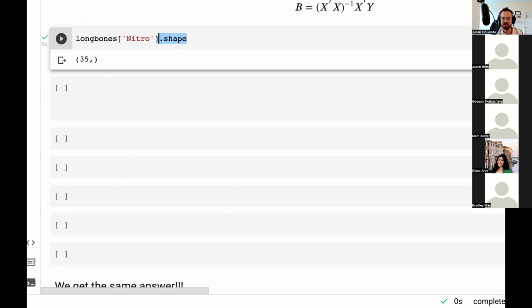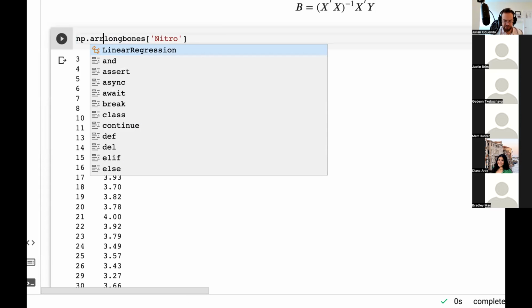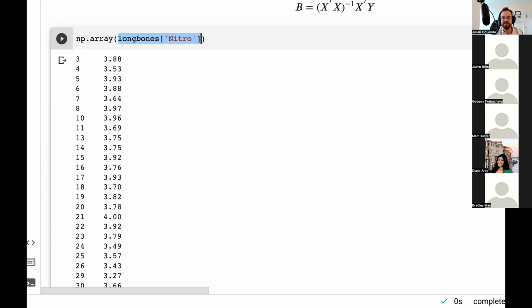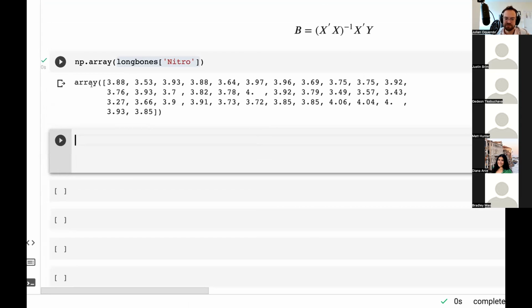However, as far as certain calculations, pandas doesn't necessarily treat some of these data types as one-dimensional values. Sometimes you'll have to use NumPy arrays to calculate these values.